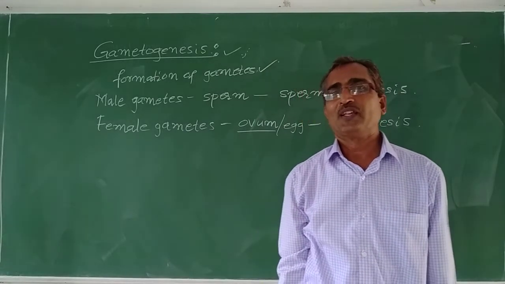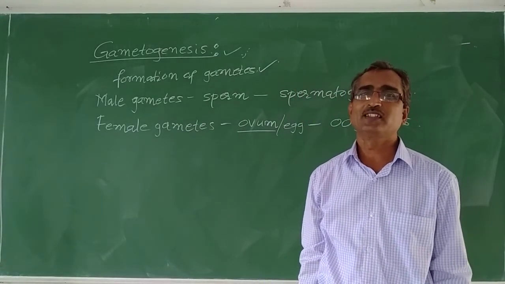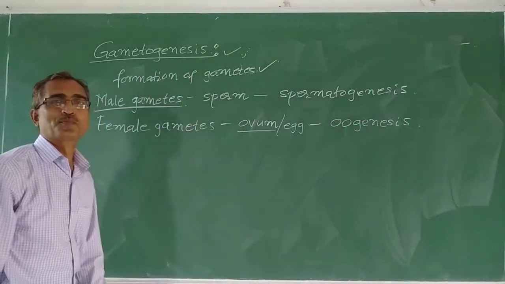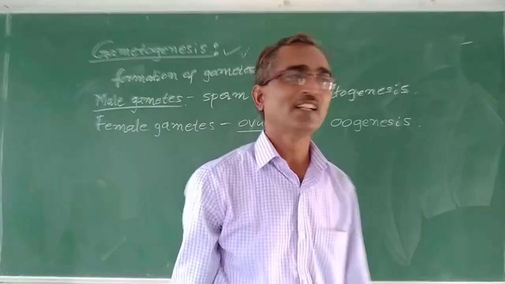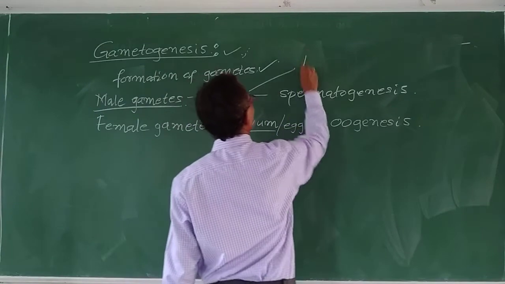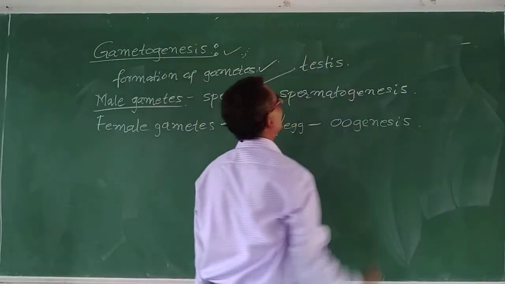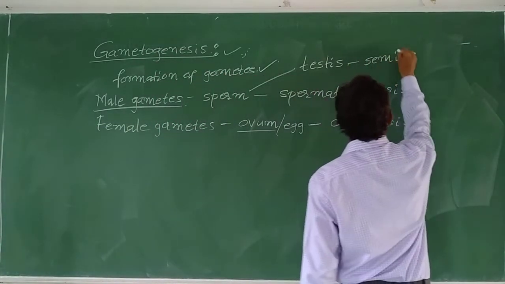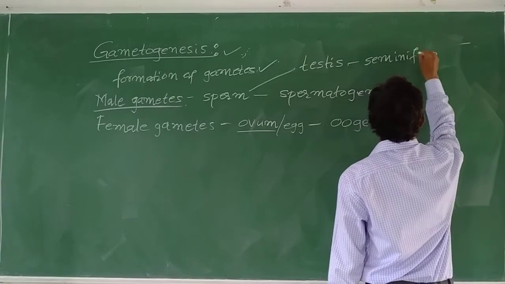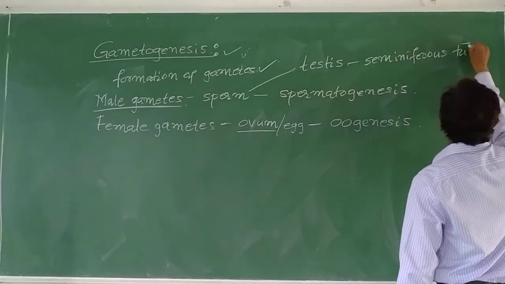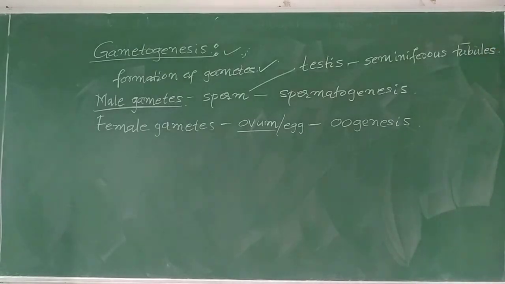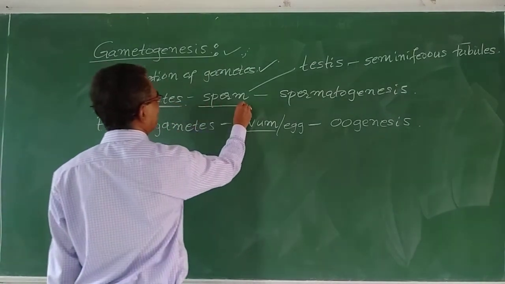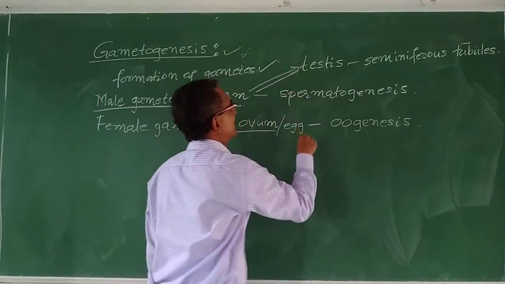Here, in the case of human beings, two types of gametes are produced. One is male gametes, produced in the male reproductive structure, that too in the testis. We have already discussed, in the testis, that too in the seminiferous tubules. So the male gametes, that is sperms, are produced in the testis.